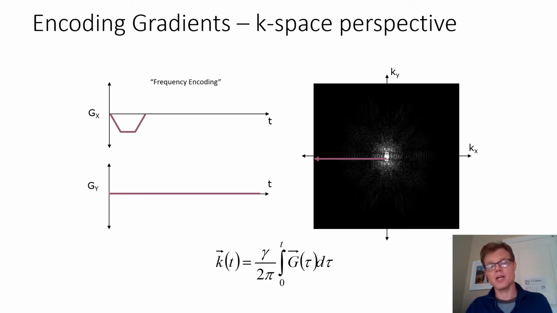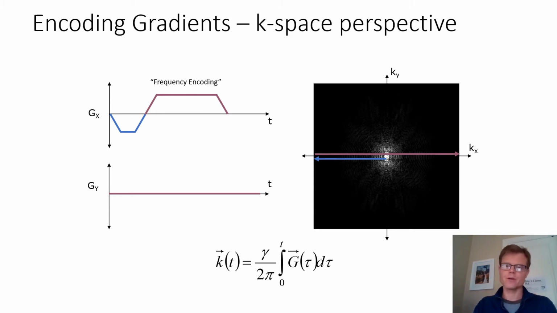Then what would happen here when we turn on our frequency encoding gradient, where we acquire data normally, is that now you're going to traverse from left to right, or negative to positive, just in the kx dimension. So this is our conventional frequency encoding, where we're gathering information, but we know in this experiment we have no information about the y direction here, because we haven't used the y gradient, or in the k-space perspective, we haven't gone anywhere in ky.